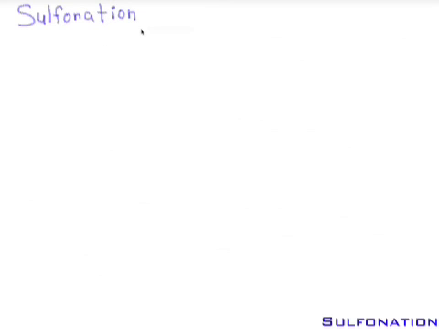Now, H2SO4 in its pure form, concentrated H2SO4, is called fuming sulfuric acid because it gives off SO3 gas. You see, H2SO4 has this structure.